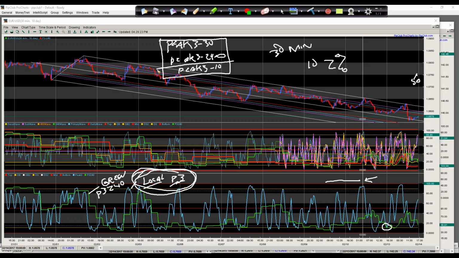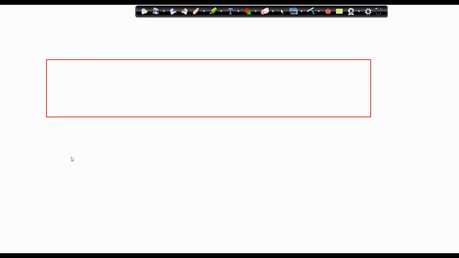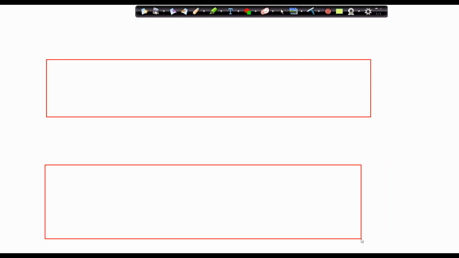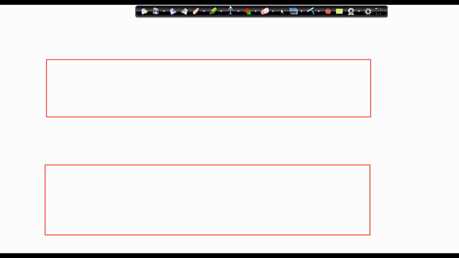You could put it on a power 10, but for true trade execution, we're looking for, remember, think of this in terms of harmonic wave convergence. And what I was trying to do is clean up things. So with a 30-minute convergence, we have the 30-minute wave, we have the 10-minute wave.